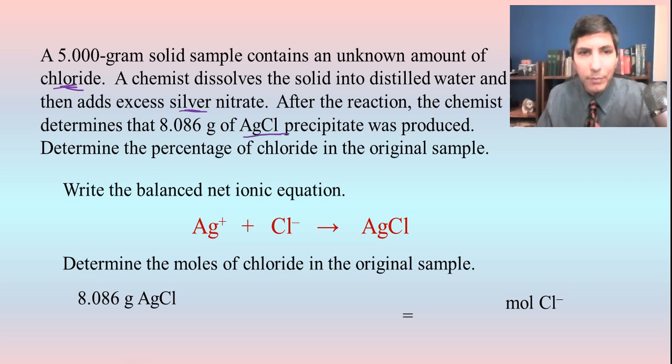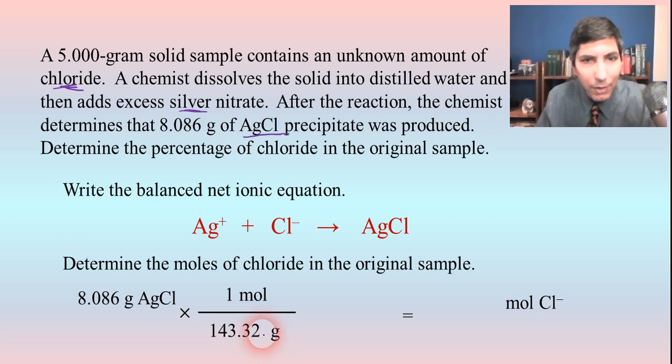So the first step is to convert this to moles. So we're going to put grams on the bottom and 1 mole on top. And how many grams are in a mole of silver chloride? Well, the periodic table tells us it's about 143.32. So now I can cancel grams top and bottom. Step 2 is convert to chloride. It's our mole ratio. So in our mole ratio, let's put silver chloride on the bottom so it'll cancel out.